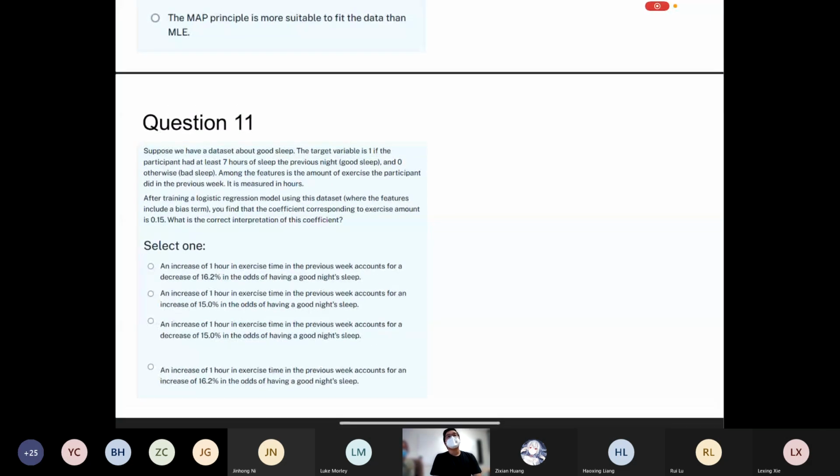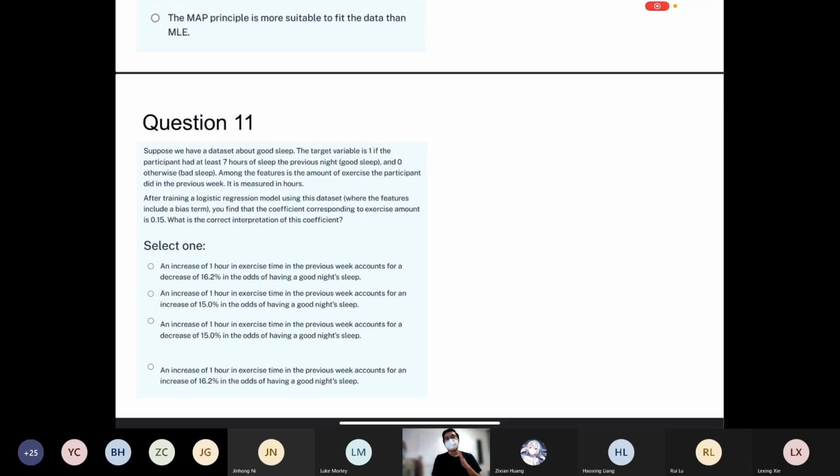Okay. So this is a question that asks you to interpret the coefficients in a logistic regression setting. You might wonder why this number 16.2% comes up, because it doesn't appear at all in question 11.